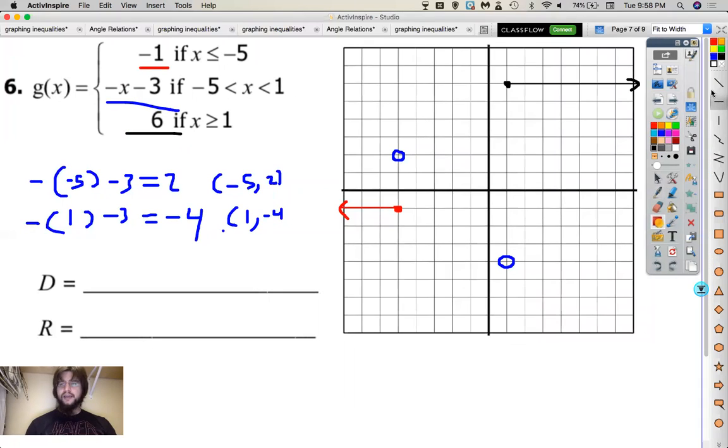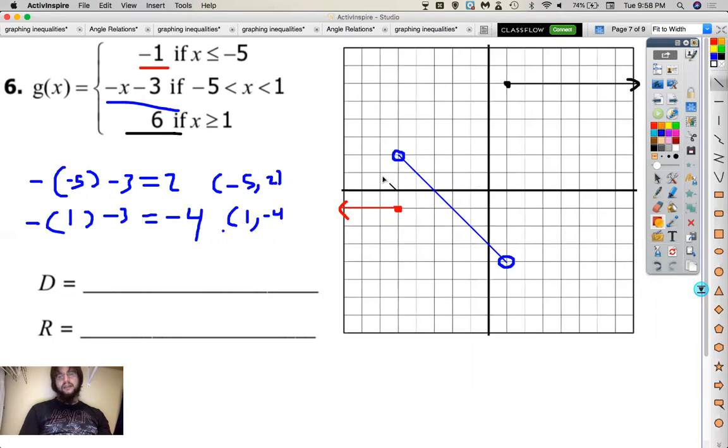And then I connect my dots. This thing looks all funky and stuff, but that's it. That's what it is. It's got 3 pieces of line just shoved up on that graph. It's all good.